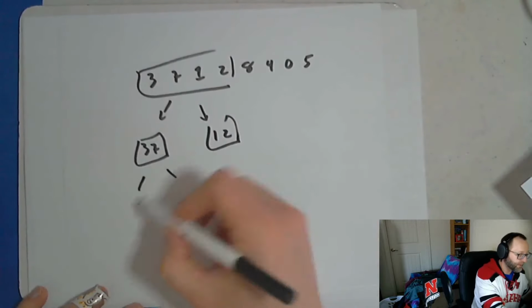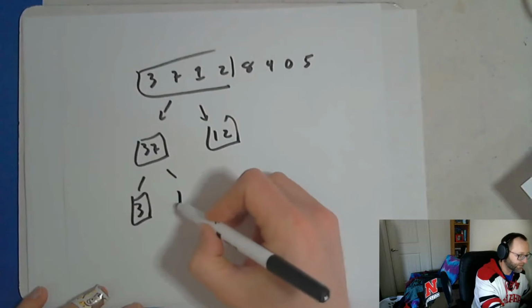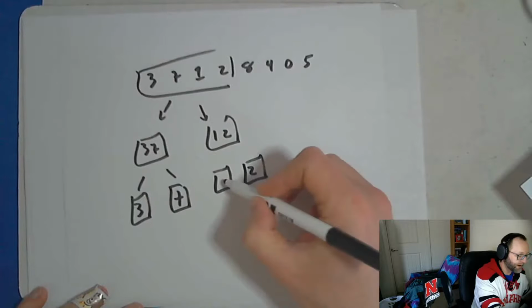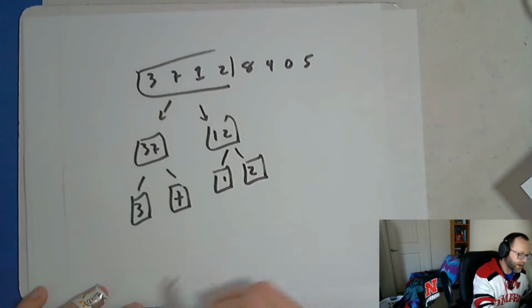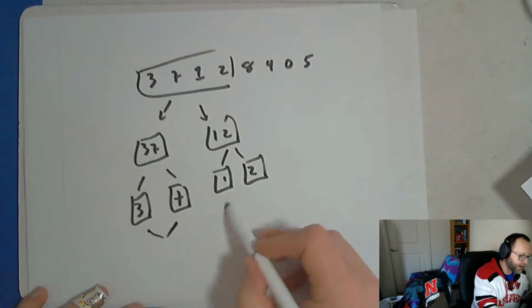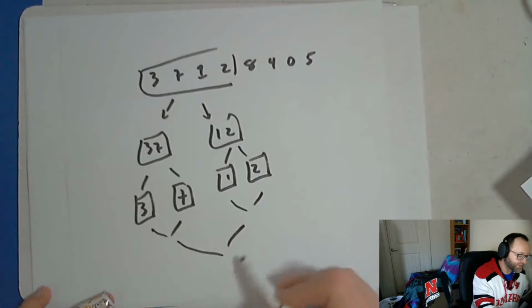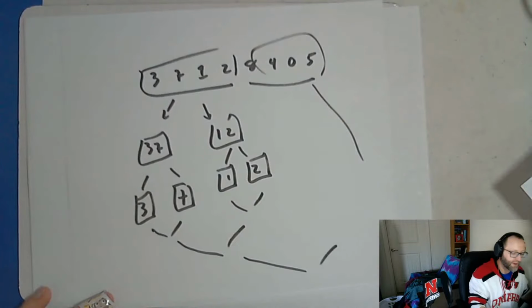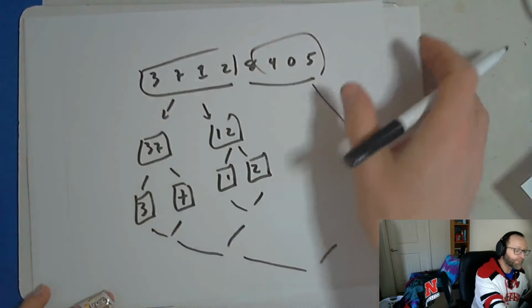Then you divide that further into 3 and 7 by itself, and 1 and 2 by themselves. And then you start merging them together. You combine these, you combine these, you combine those back, and then this would have gone its own route here, and so ultimately you combine that back as well. That combine is what I want to focus on here.